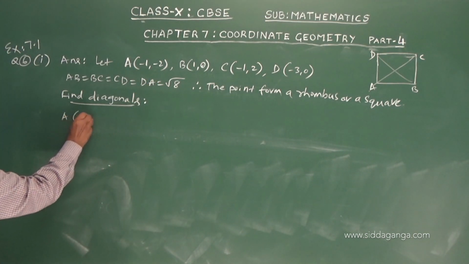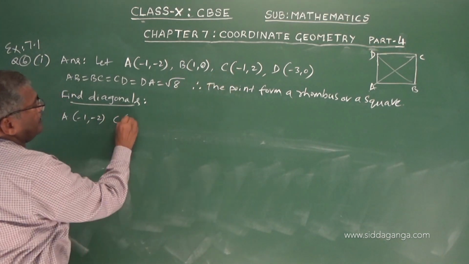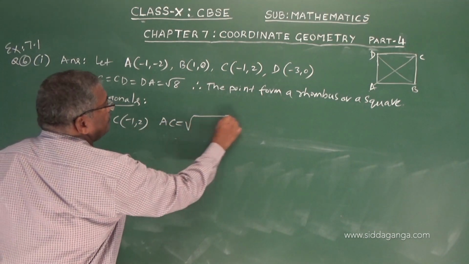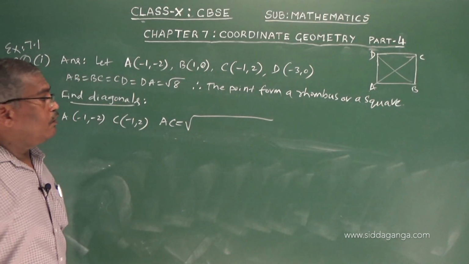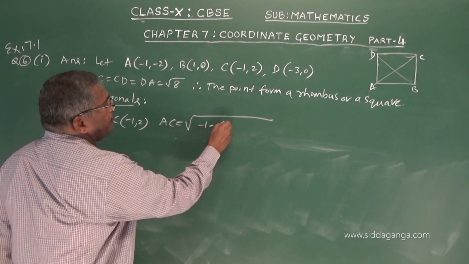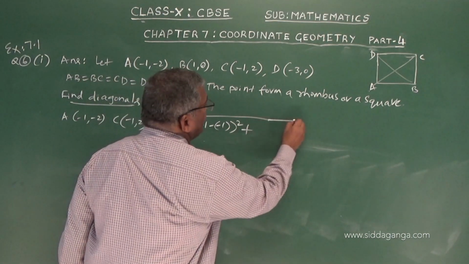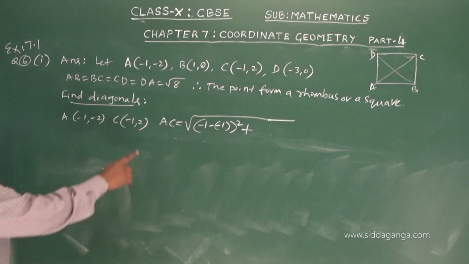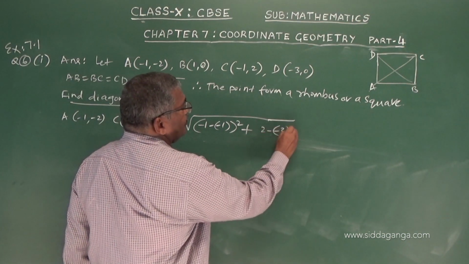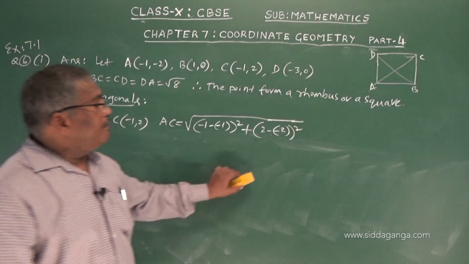A is (-1, -2). C, you take from here, is (-1, 2). So the AC distance is given by x2 minus x1 whole square, minus 1 minus of minus 1 whole square, plus y2 minus y1, 2 minus of minus 2 whole square. I hope you are familiar with the formula by this time.